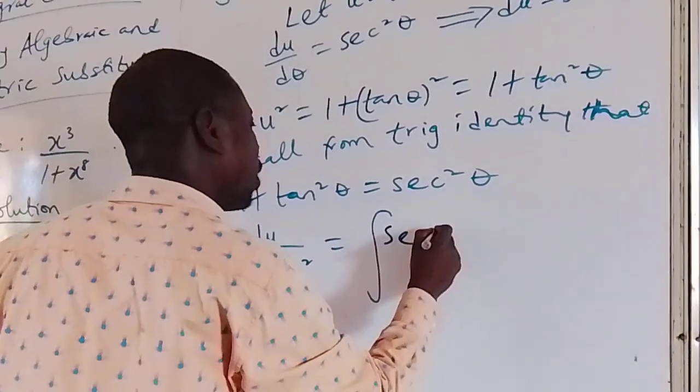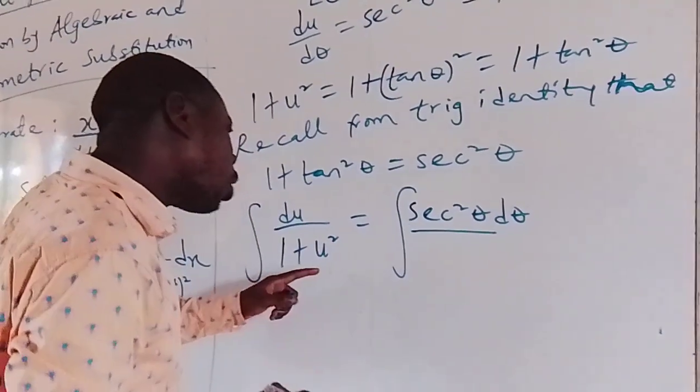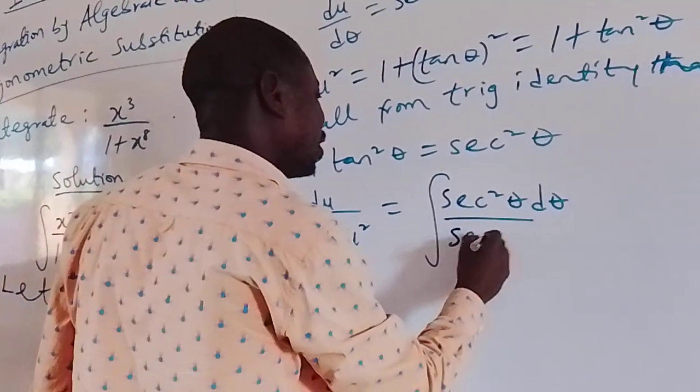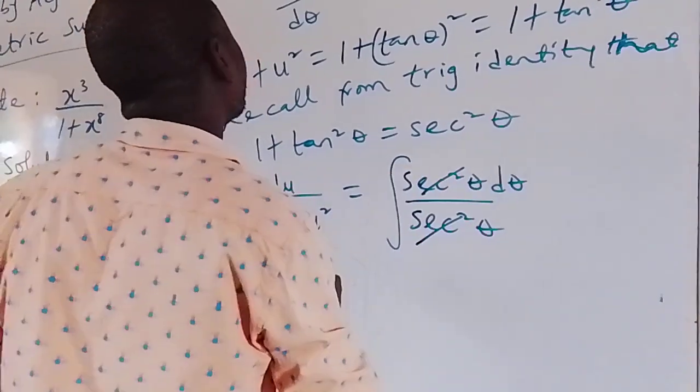So I have sec squared theta d theta over, now 1 plus u squared has been transformed to sec squared theta. So this eliminates this.